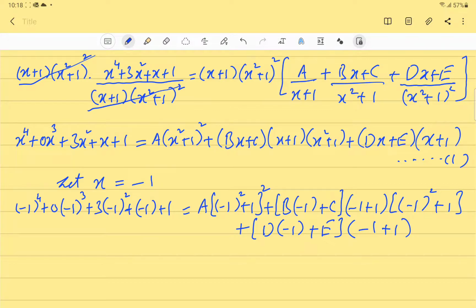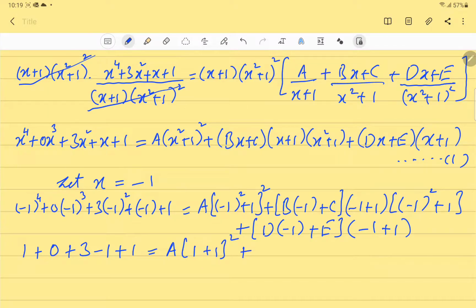Minus 1 raised to power 4 will be 1. Anything multiplied by 0 will be 0. Minus 1 square is 1 into 3 plus 3. Then minus 1 into plus, it is minus 1. Then plus 1 is equal to a into 1 plus 1 whole squared.